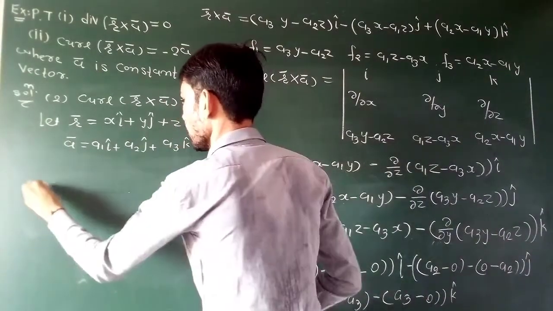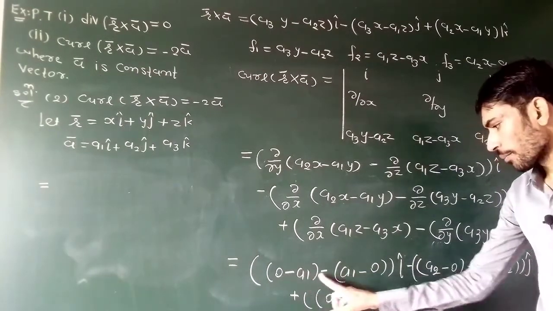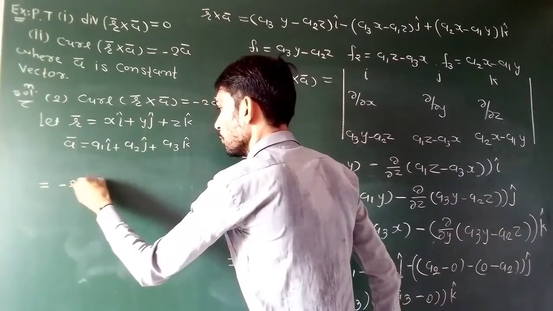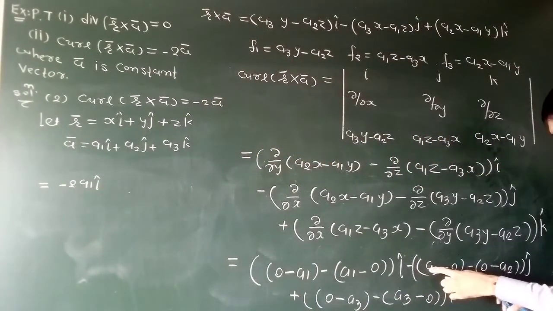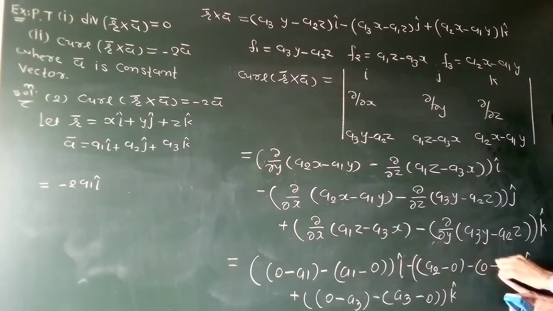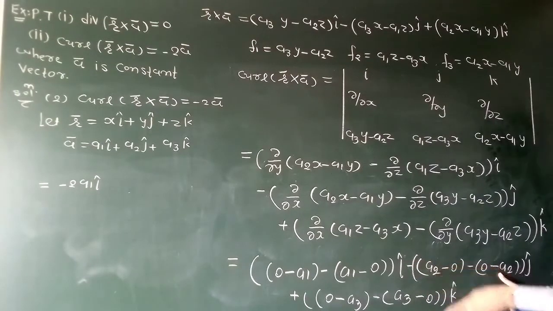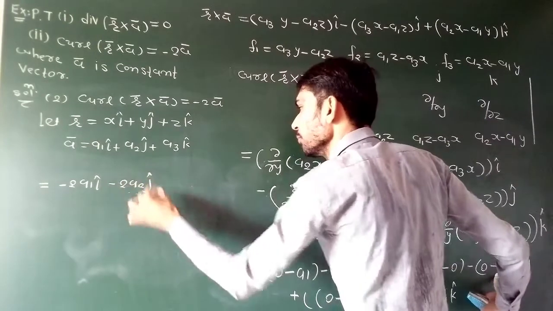Now see, minus a1, minus a1, so minus 2a1 i cap. Minus a2, here minus minus plus a2, and the minus in front also applies, so it becomes minus 2a2 j cap.